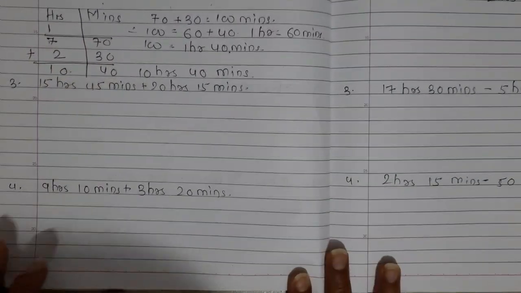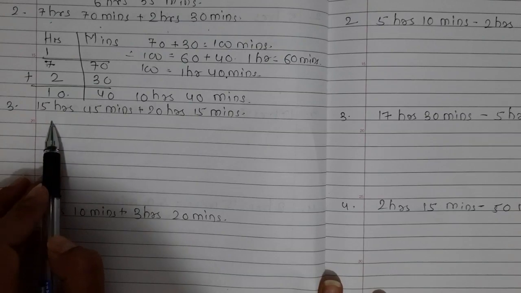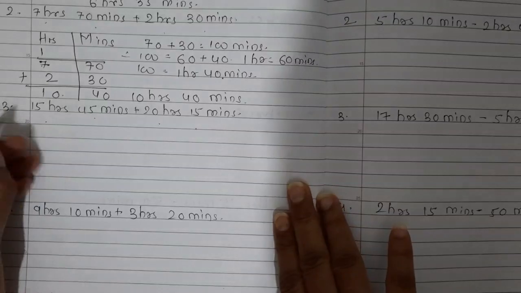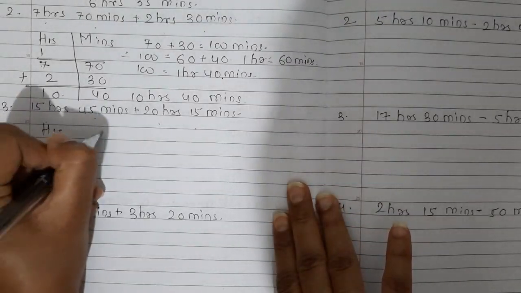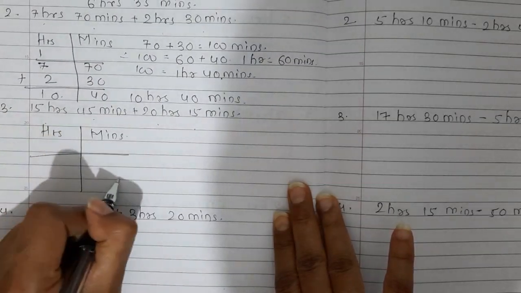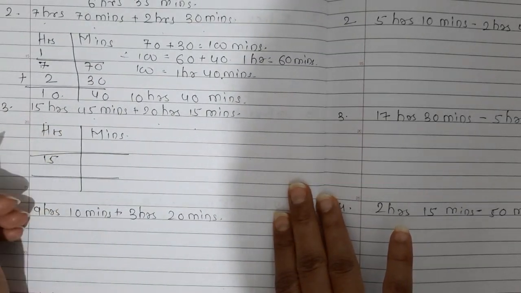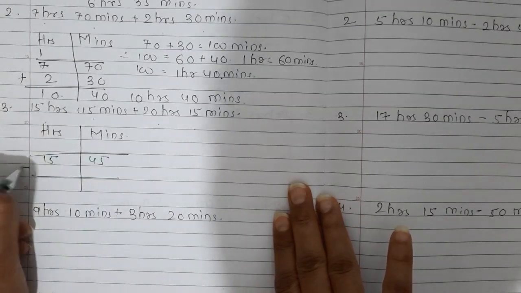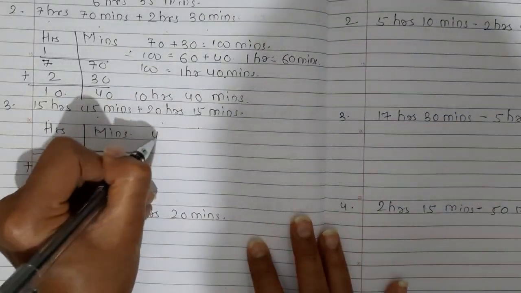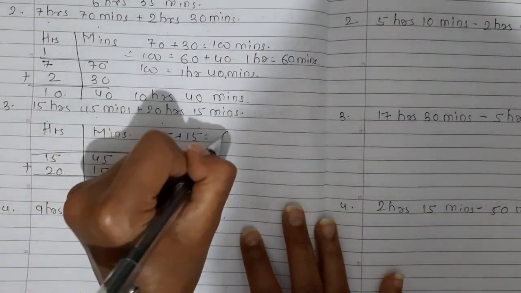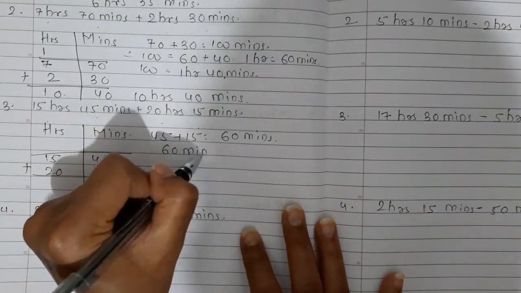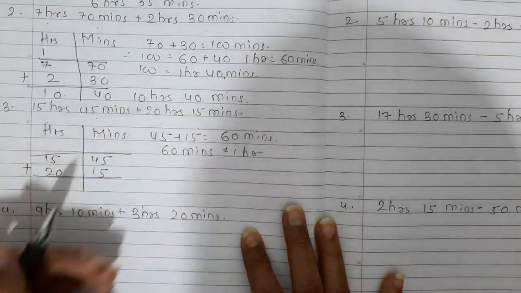Next. 15 hours 45 minutes plus 20 hours 15 minutes. Now 45 minutes plus 15 minutes is 60 minutes, and 60 minutes means 1 hour.